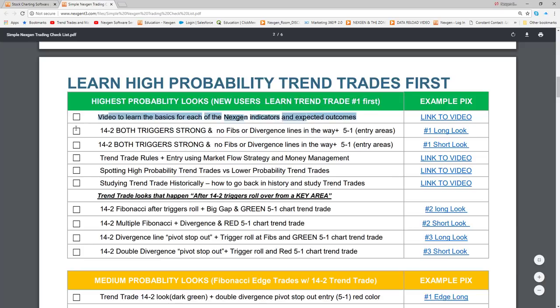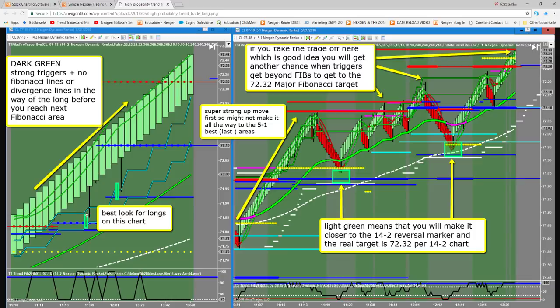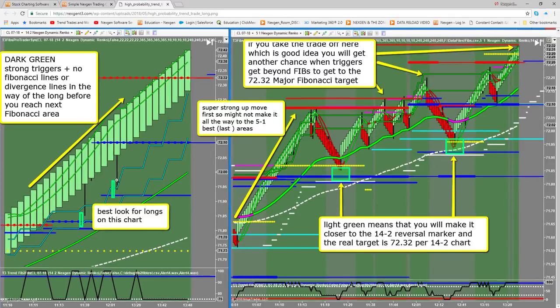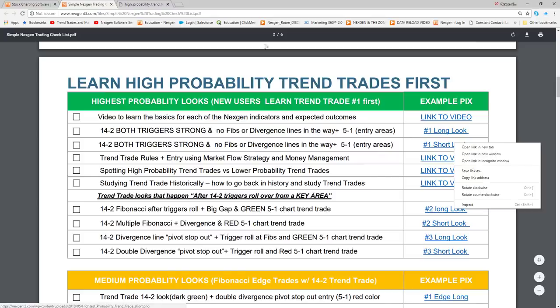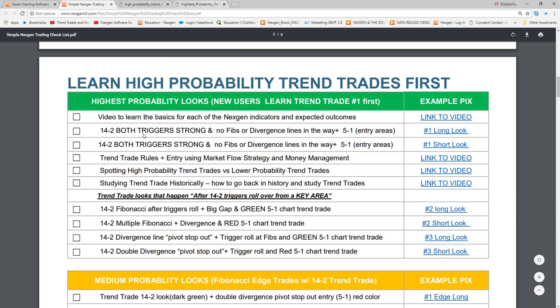So the video for learning the basics. Again, remember the looks that we have that make our 2 longs or shorts really easy. And again, let me show you this picture. Super strong triggers on the big chart are going to give us easy long trades. Same thing for shorts.